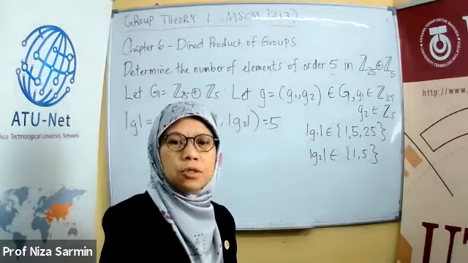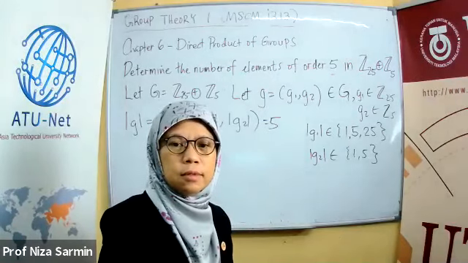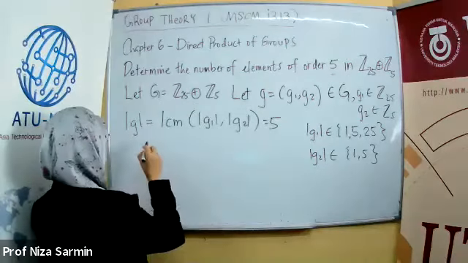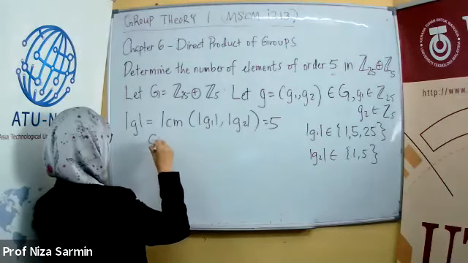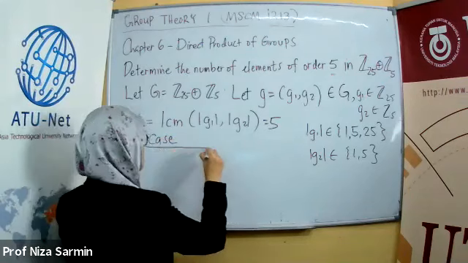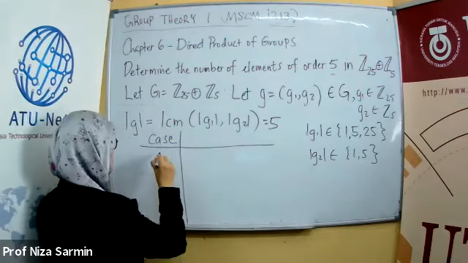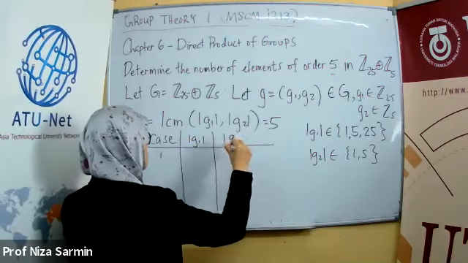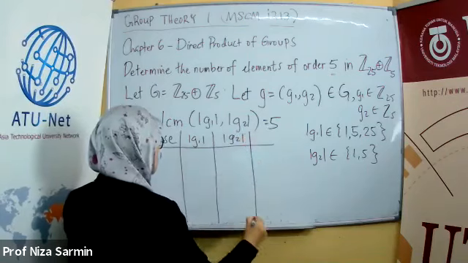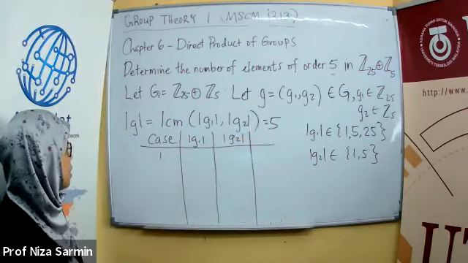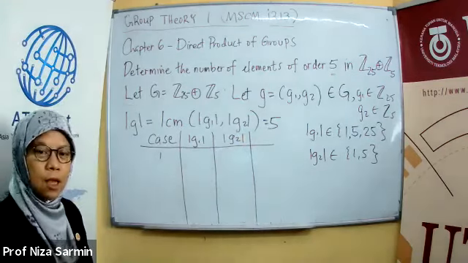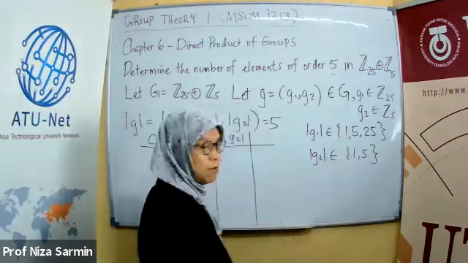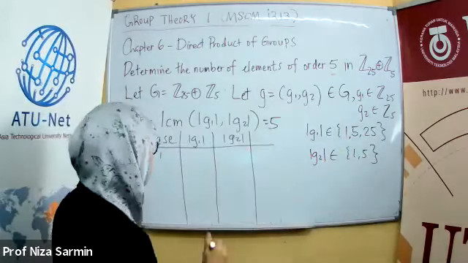What are the cases? Case 1: order of g1 and g2 is 1 and 5.